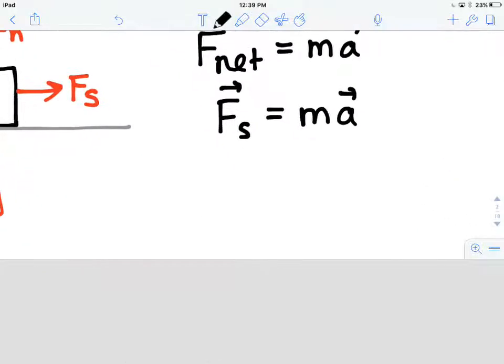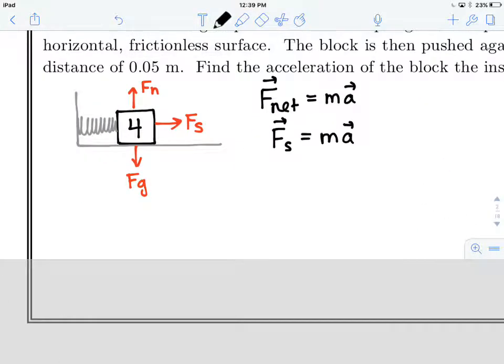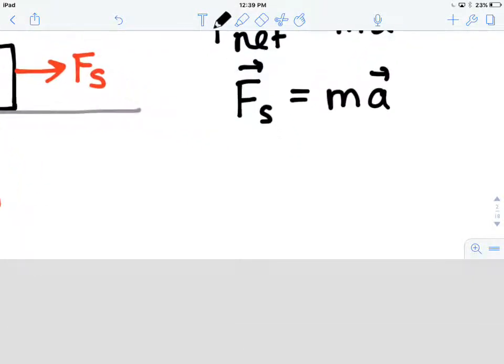And so we want to find out, the instant this system is released, what is the acceleration of the block. So at the very beginning, this problem tells us that we have spring constant times x. And this is, of course, what the spring force is. Okay, the spring force is equal to kx, and this in turn is equal to ma.